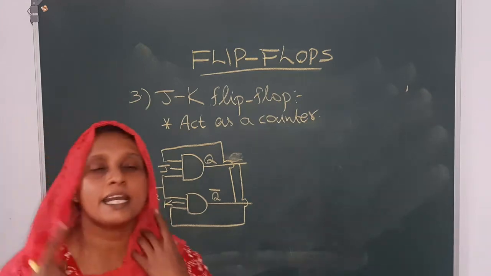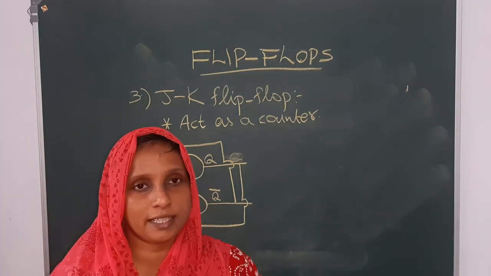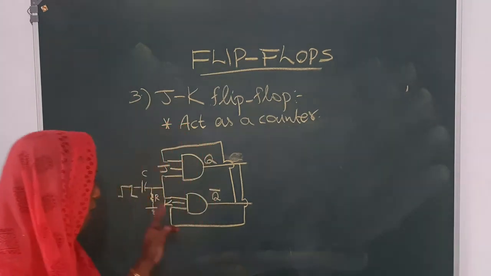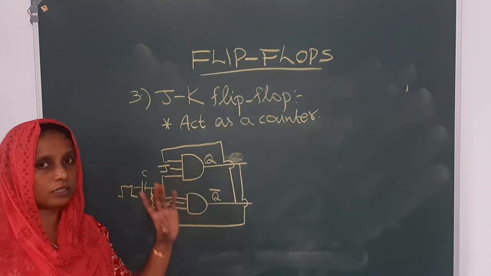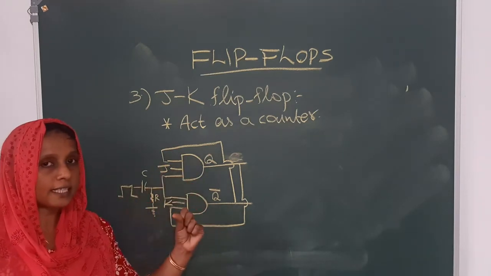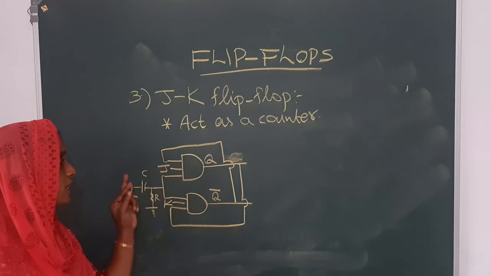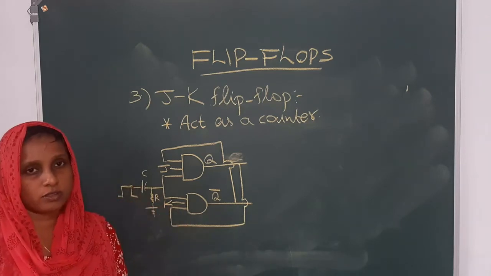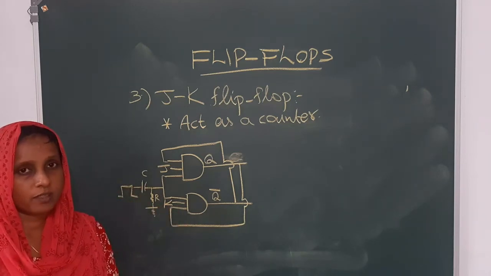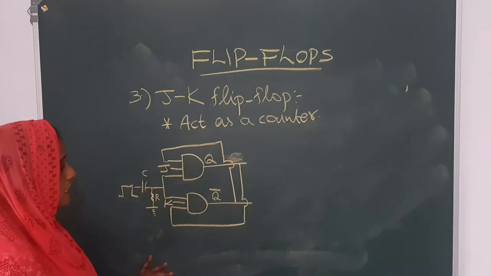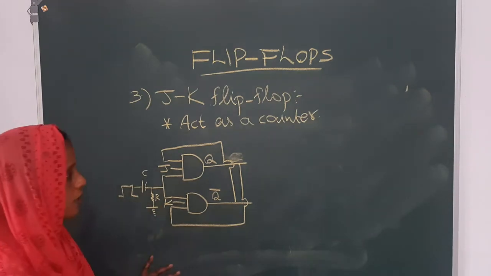Now there are three inputs for these two AND gates. One of them is clock, and this gate acts only for positive spikes of this clock signal. Now we can check how this works.